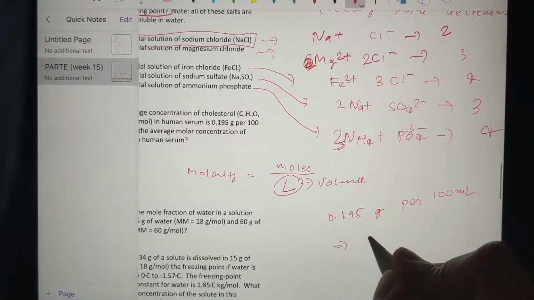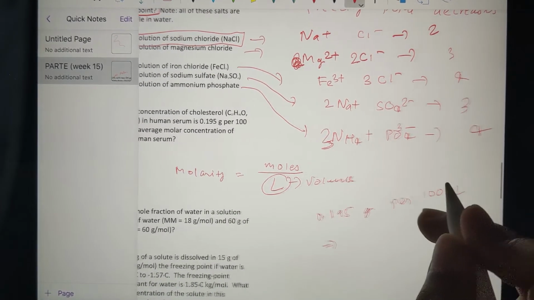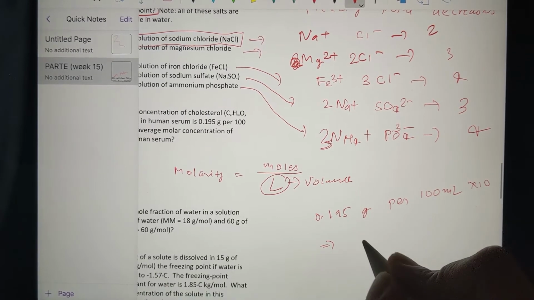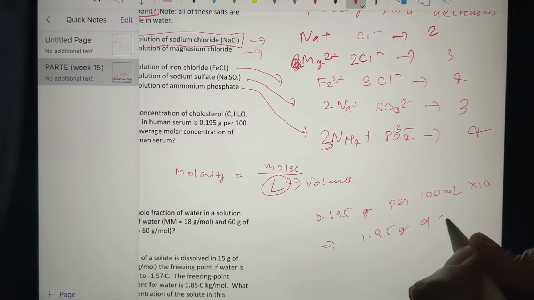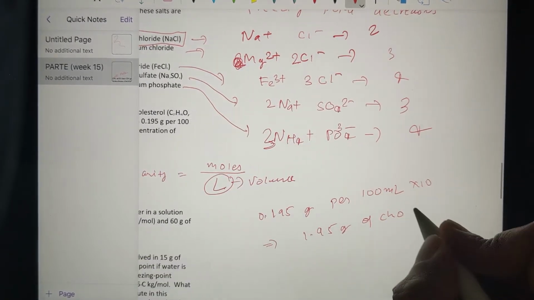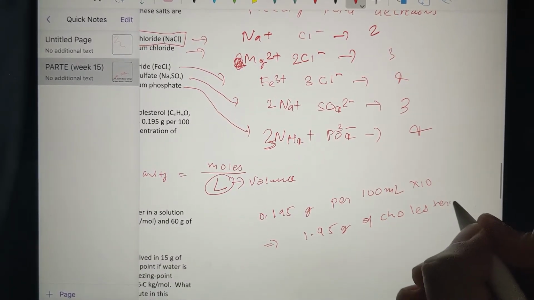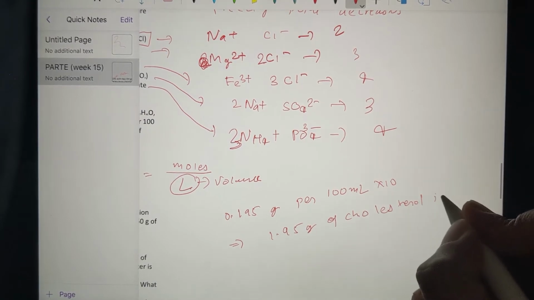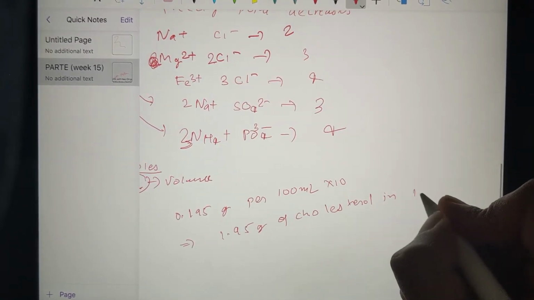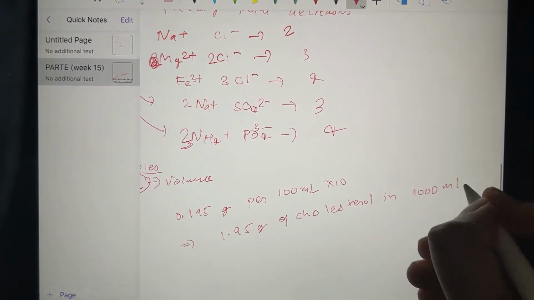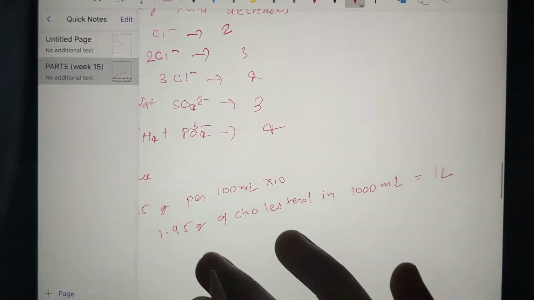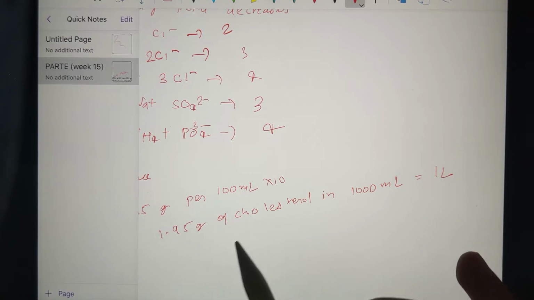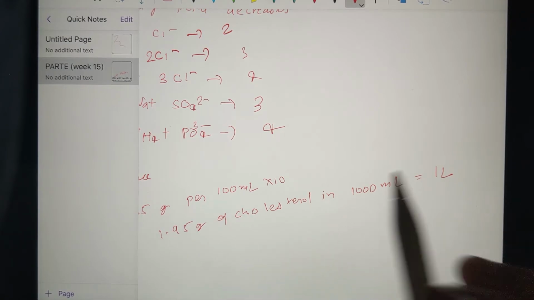If you multiply by 10 here, you have 1.95 gram of cholesterol in 1000 ml, which is equal to 1 liter. So you have 1.95 gram of cholesterol in 1 liter.